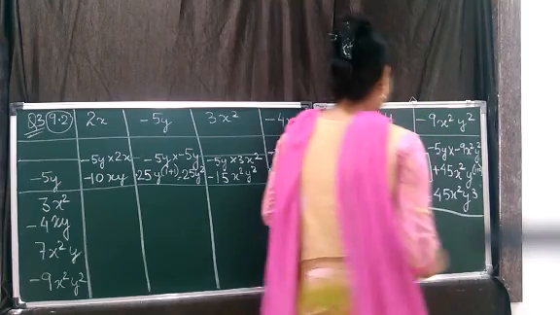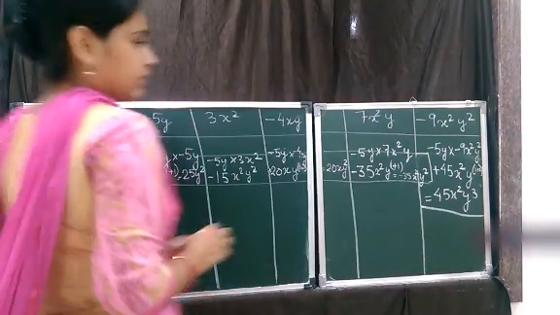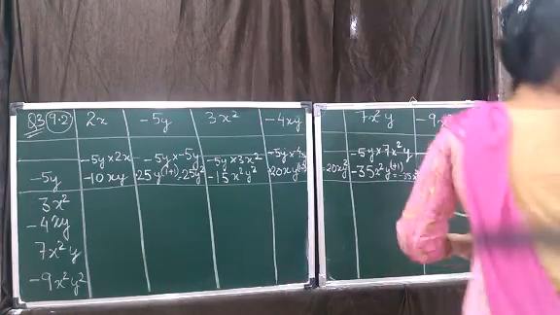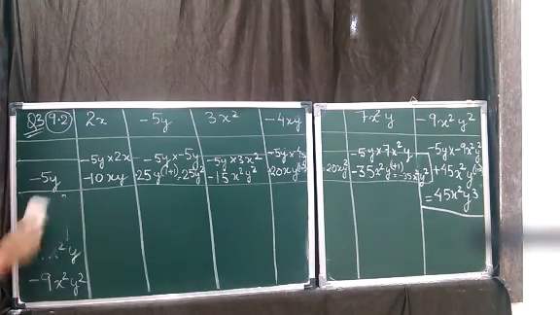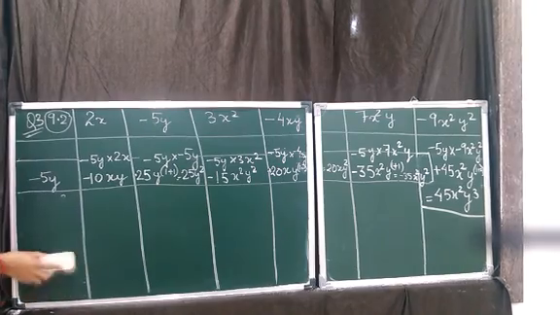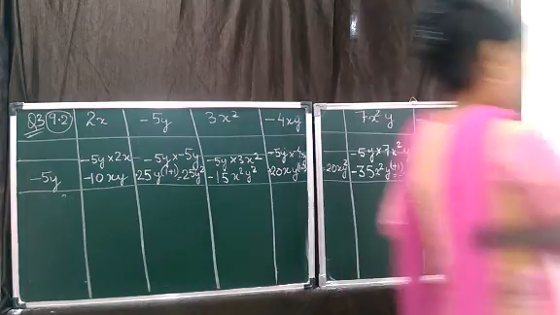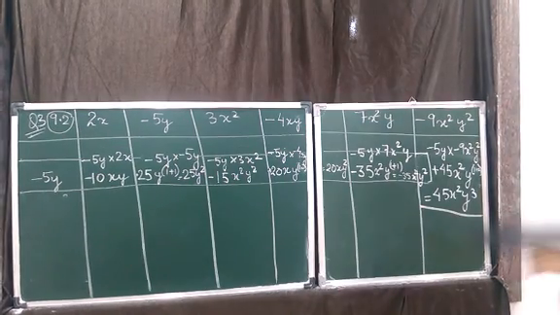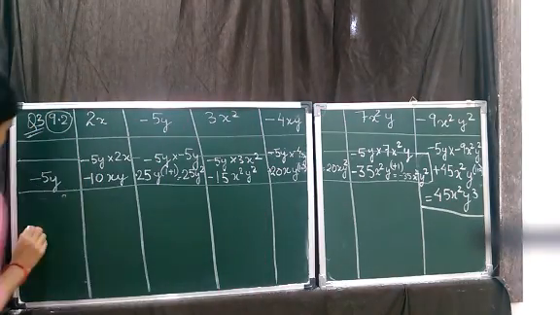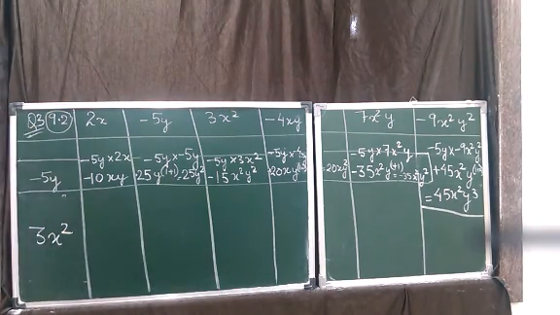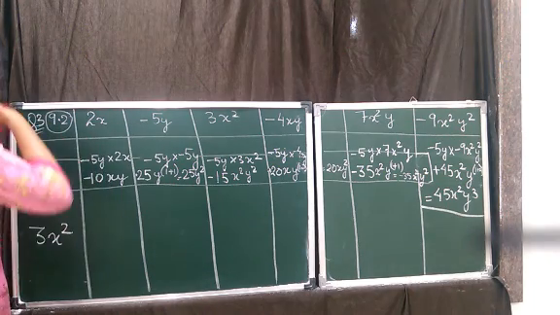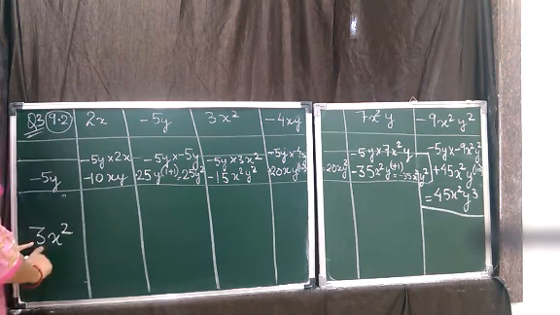Then we do the next, that is 3x square. Instead of writing so many, I will just write one, 3x square. So we are going to multiply this 3x square with the monomials.